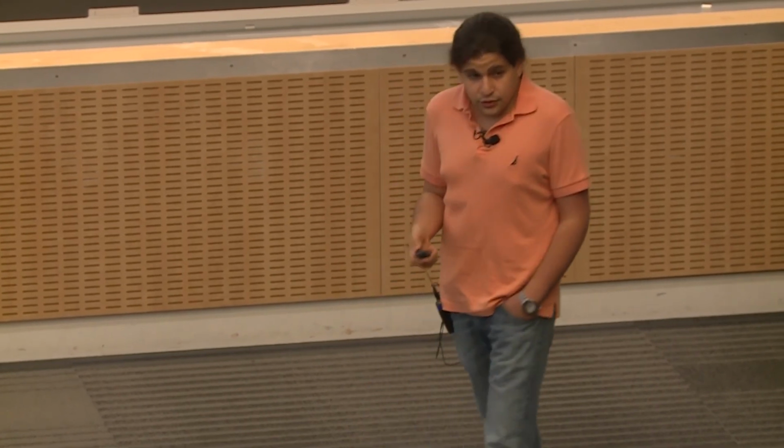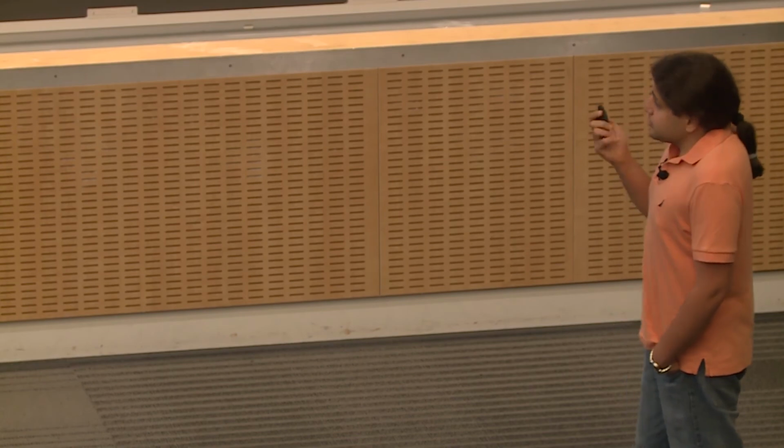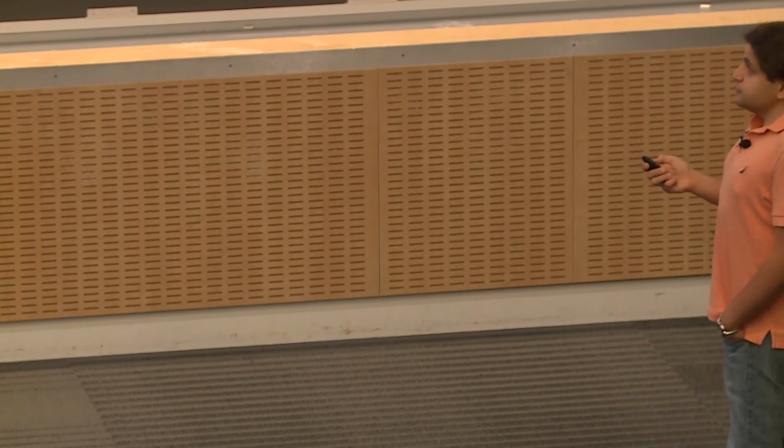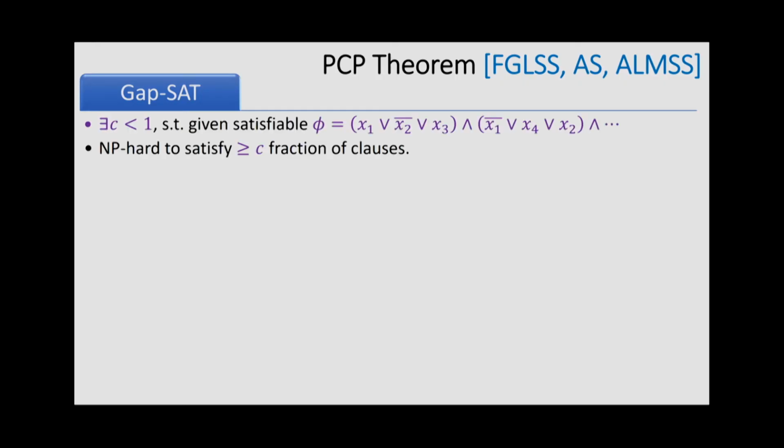Well, the answer is no, and this is one formulation of the PCP theorem. It has many formulations, but here is one of them. It states that there exists some constant c less than 1, such that if I give you a SAT formula and I promise you that it's satisfiable, you are not even able to find an assignment that satisfies a c fraction of the clauses.